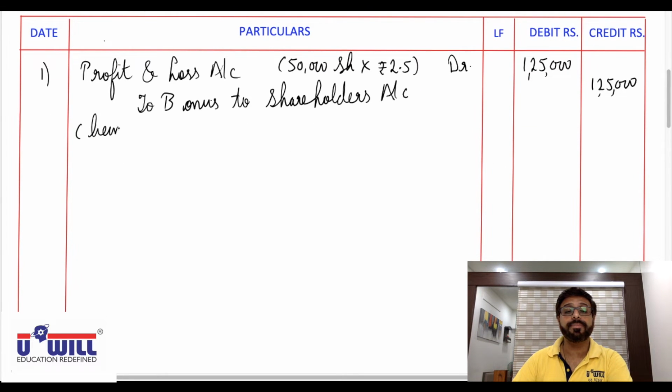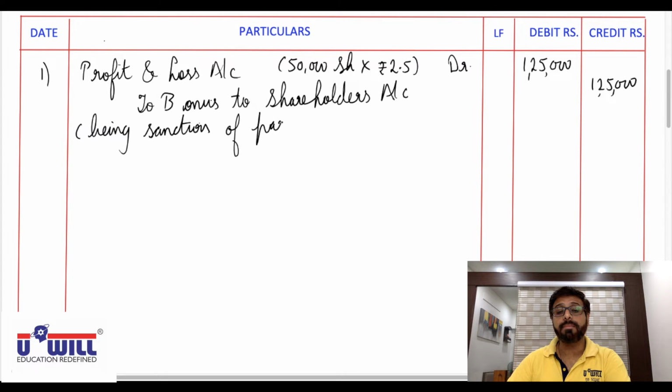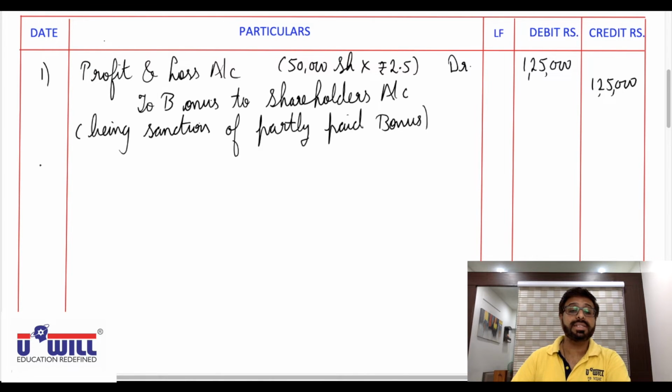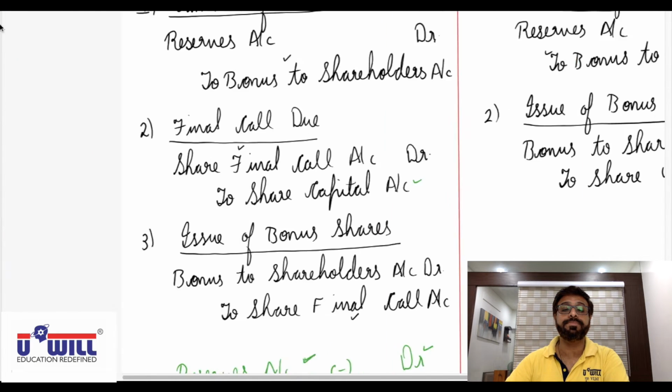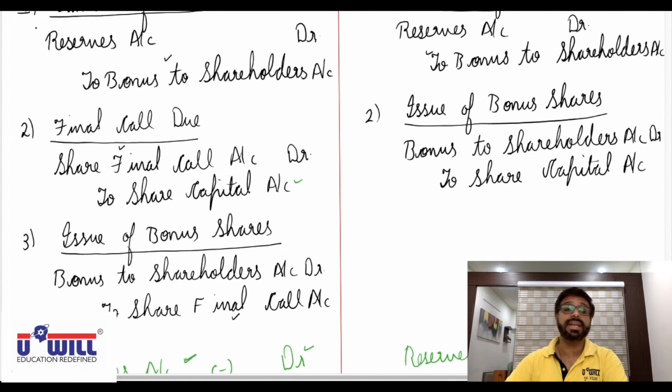Being sanction of partly paid bonus. This was the entry for sanction of partly paid bonus. Now second entry we will pass for final call money due. Check it everyone. Share final call to share capital.